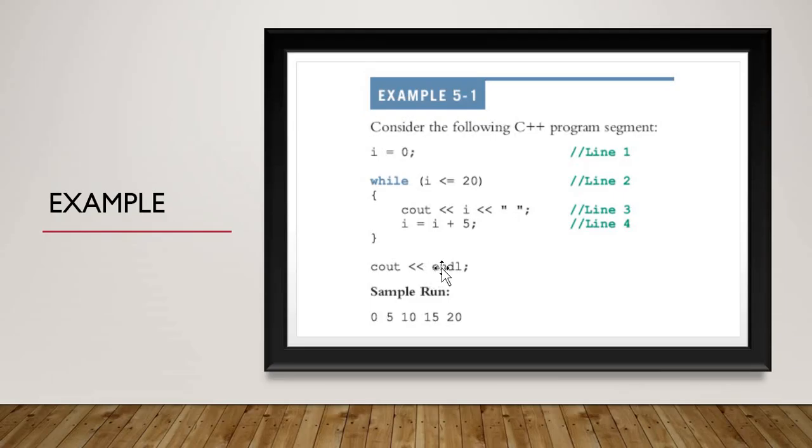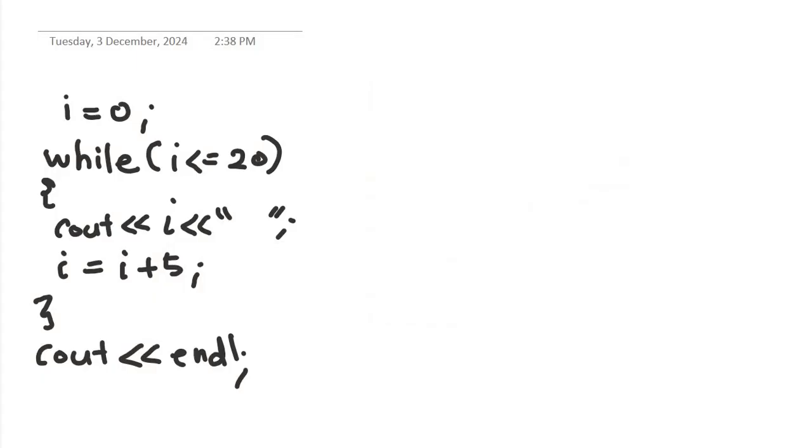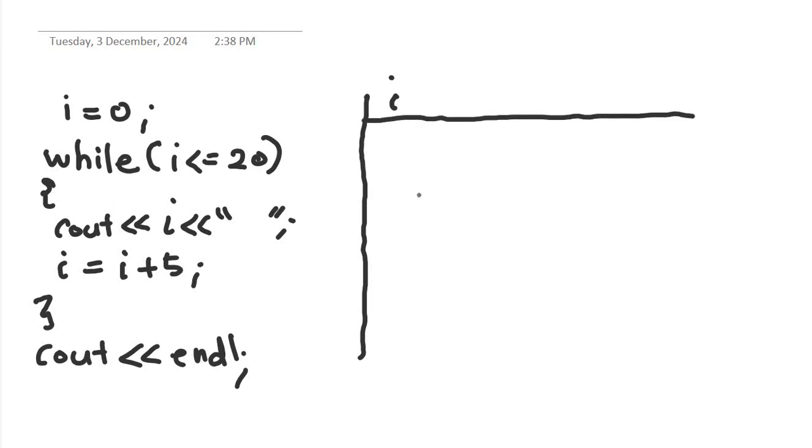Now let's do tracing for this one. So I have I, and then the condition I less than or equal to 20, and then output.